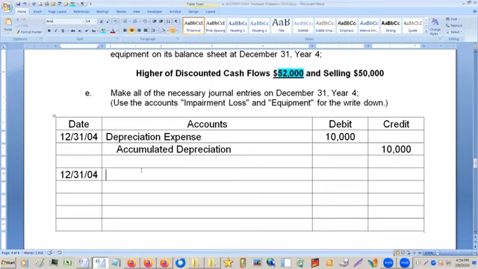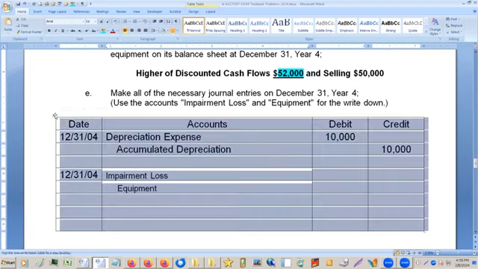All right. So we're going to have to write this down. So we're going to have an impairment loss. I'm going to copy that. And equipment. Let's copy that too. Let's bold this whole thing.